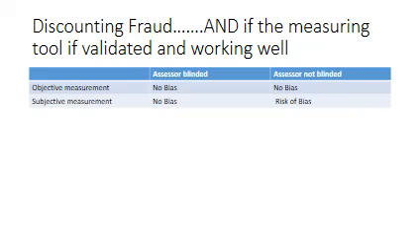But don't forget that there can be measurement error. Objective measurements can have error, subjective measurements can have error. If the assessor is not blinded and the measurement is objective, there's no bias. If it's subjective, there is a risk of bias, not because they want to be fraudulent, but because they like the drug ivermectin so much, they may keep on saying that it's working, it's working.